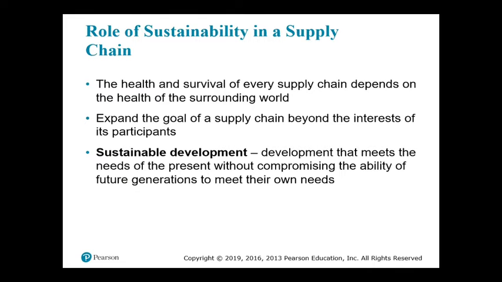And we see a lot of sustainable development these days that requires economic development that meets the needs without compromising the ability of future generations to meet their needs. And we see a lot of different initiatives from industry segments. For example, Walmart has long implemented their sustainability index program.